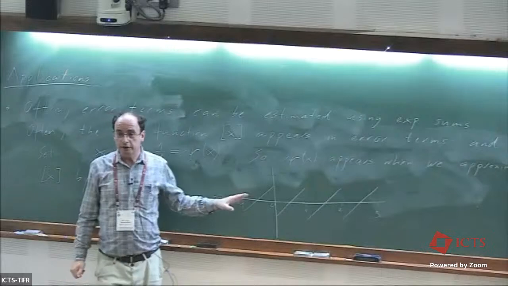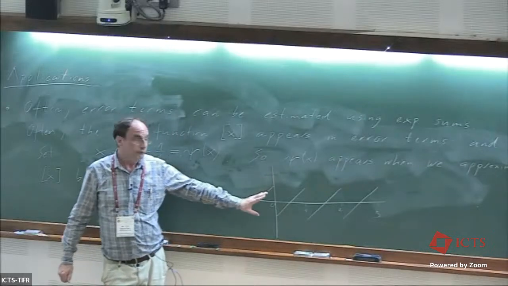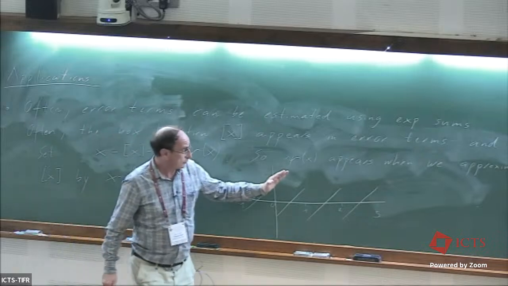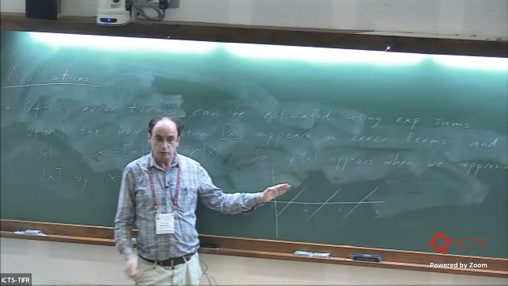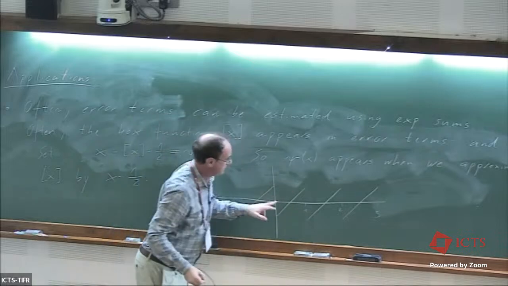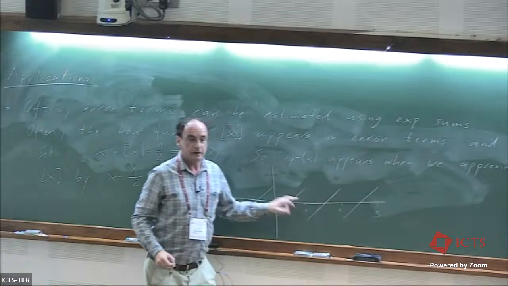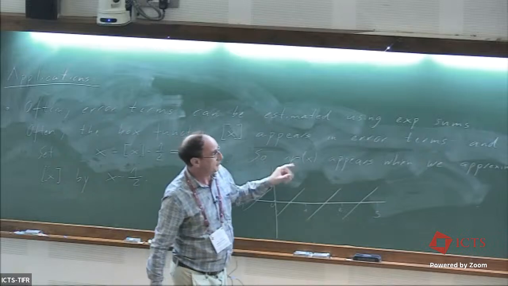It's periodic, and the average is 0. Therefore we have the possibility to develop it into a Fourier series, at least outside these discontinuities. In that way, naturally, we are led to exponential sums.